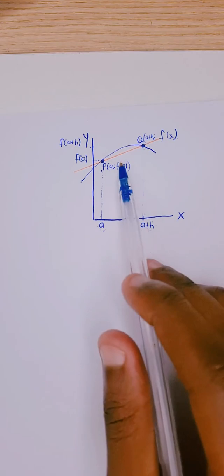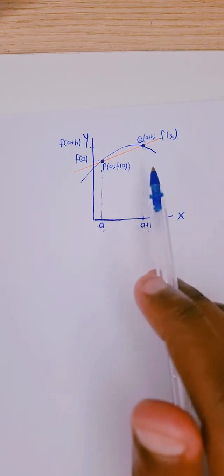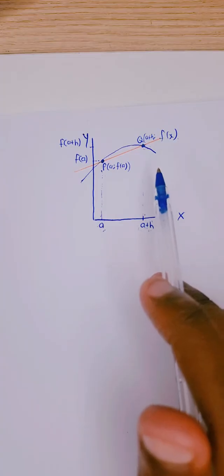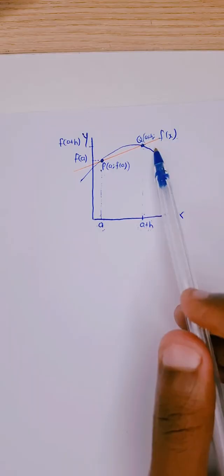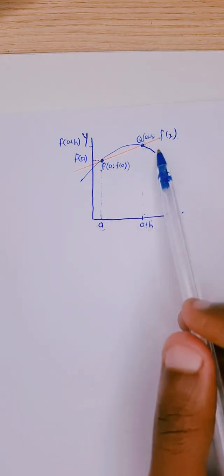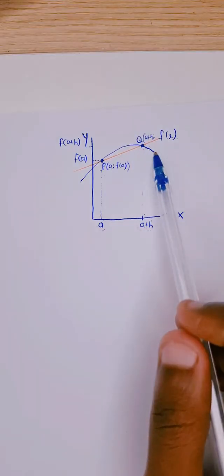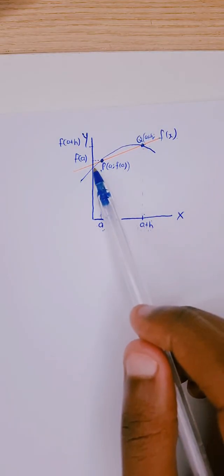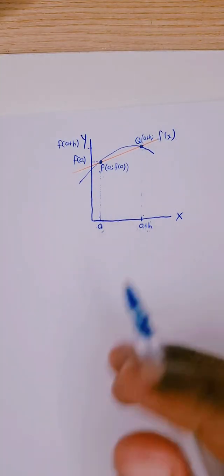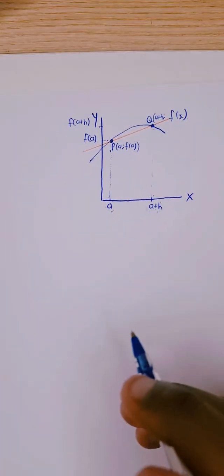What we can do here is calculate the average gradient between P and Q. Since we cannot exactly find the gradient of the curve, we can calculate the average gradient using these 2 points, as we did in grade 11.